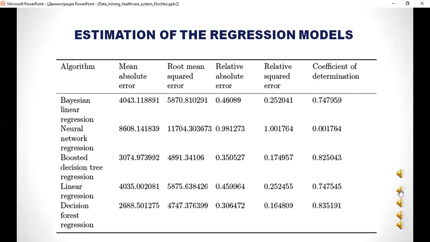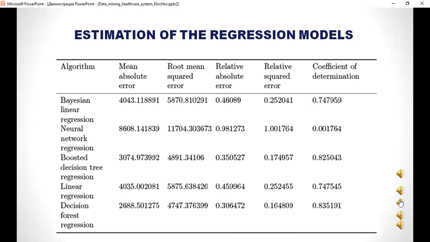The obtained root mean square error values also indicate the superiority of the decision forest regression, 4891.34, and boosted decision tree regression, 2688.5.